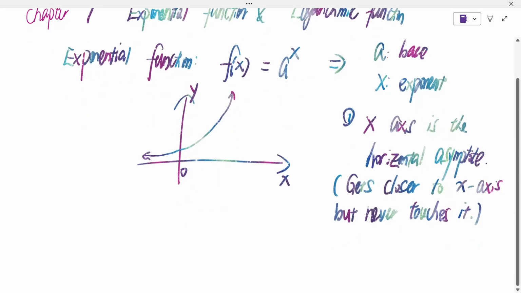Also, it passes through this point, which is called the y-intercept. The y-intercept is (0, 1). Okay.